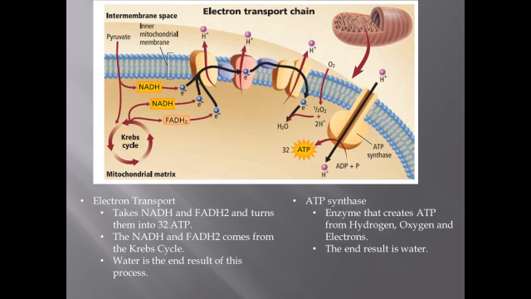We call it water. The end result of this process is water. Is it crazy how all that happens? How you can take electrons and you can make things more acidic, as happens over here. Then the acids travel through this protein and it makes ATP. The end result of this whole process is you get 32 ATP molecules.